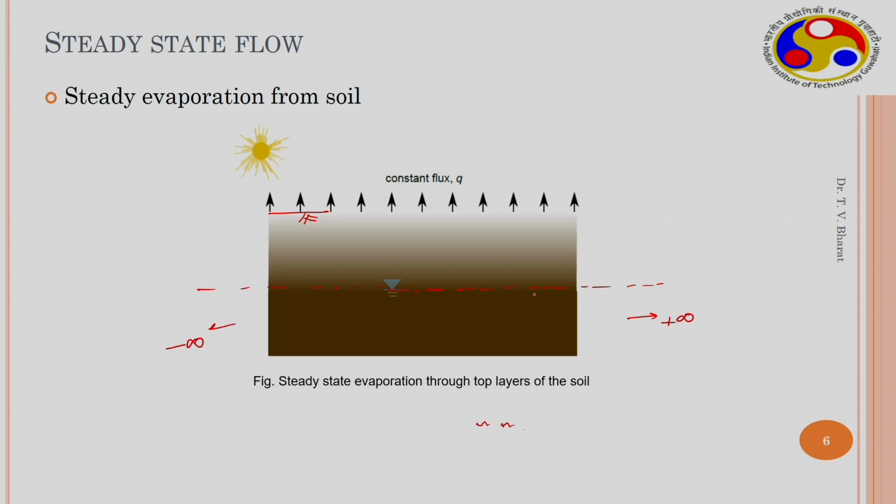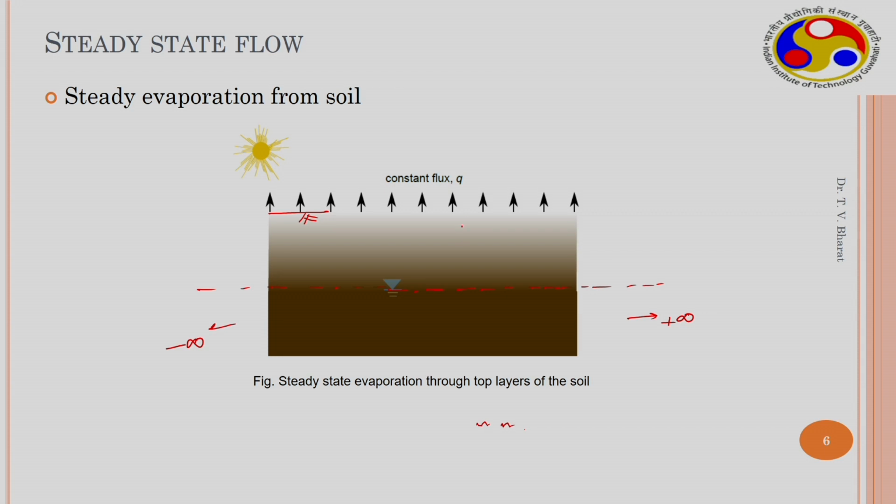Now due to sun or the heat that is available at the surface, there is a constant evaporation rate that may take place in a given time period because of the constant temperatures that may be maintained for a given particular time period.